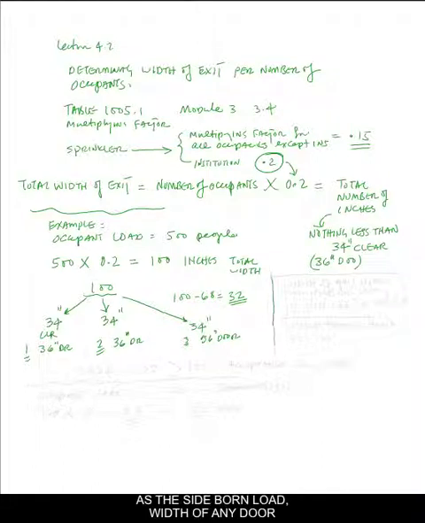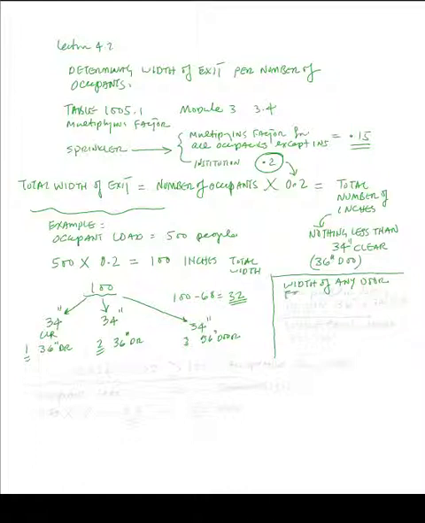As a sidebar note, width of any door for public use is minimum 36-inch, which provides you with 34-inch clear.